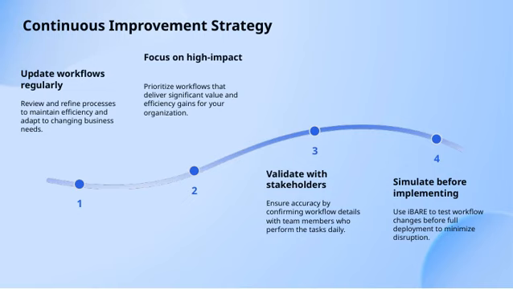This way, we can test new workflows in a controlled environment, minimizing disruptions when we go live. Finally, continuous improvement is an ongoing cycle. We need to review and refine our processes regularly to keep them efficient and adaptable to evolving business needs. This approach helps us stay agile and ensures we're always moving forward.